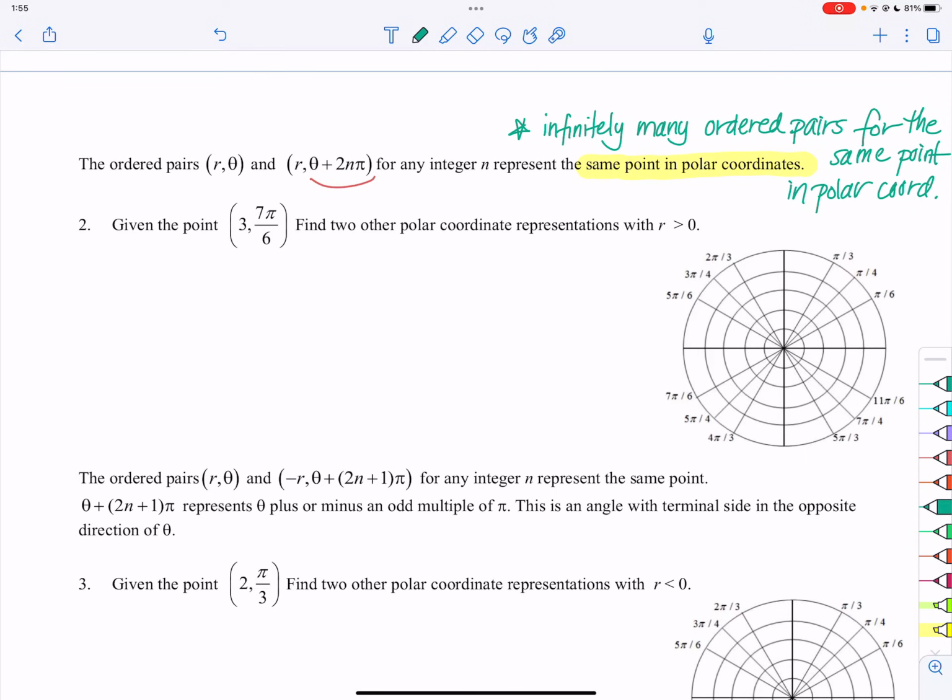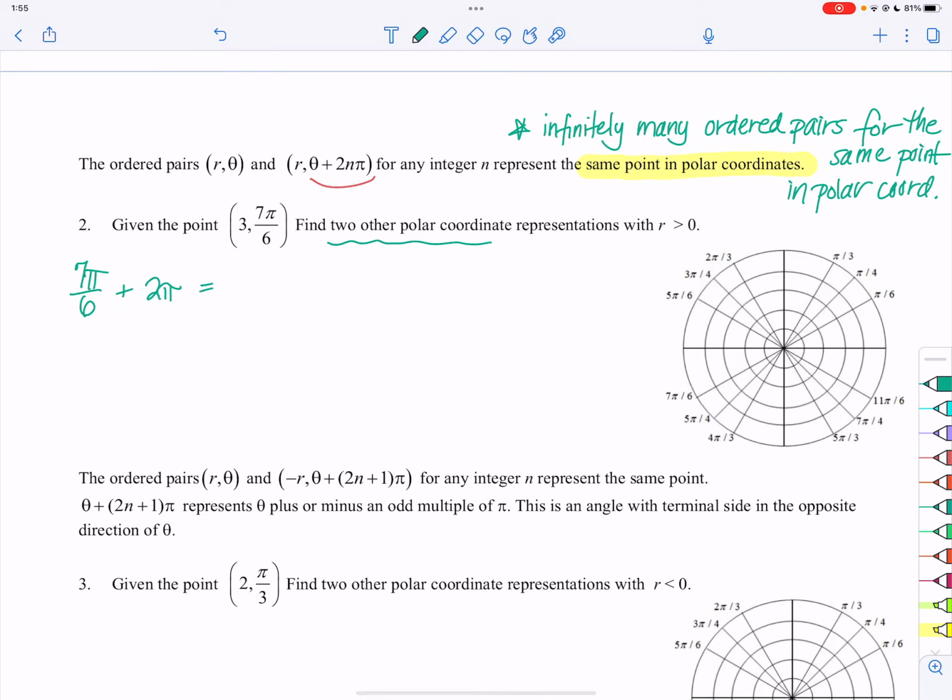Let's look at number 2. Given the point 3, 7 pi over 6, find 2 other polar coordinate representations with r being positive. Again, your answers may vary. However, let's go ahead and have 7 pi over 6 plus 2 pi.